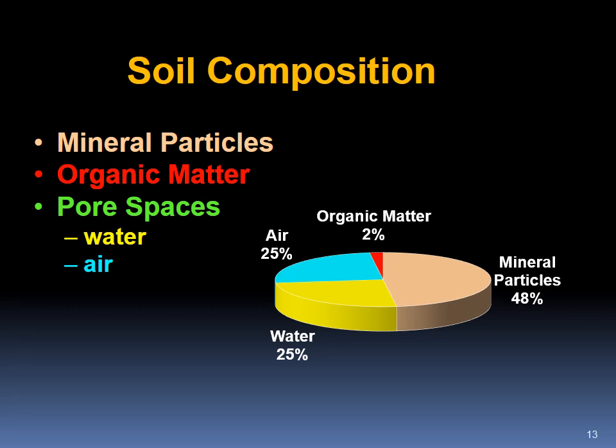Now, the pore spaces can be entirely filled with air, or entirely filled with water, or filled with air and water. So in a well aerated condition, you would find 25% air and 25% water. In saturated conditions, all the pore spaces are filled with water. And in a very dry condition, mostly the pore spaces are filled with air.